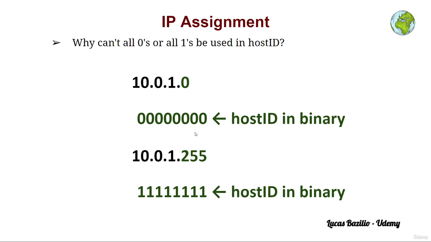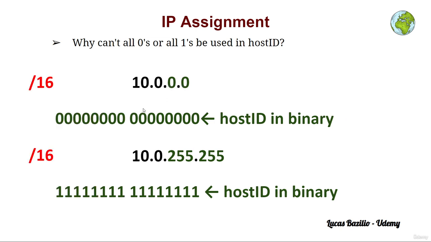Keep in mind that we are now studying the example where we have a net ID of 24 bits, so a mask of /24, but this is applicable to any host ID that we can have. If we had here a mask of 16 and the last 2 decimal values were the host ID, then the same idea applies.